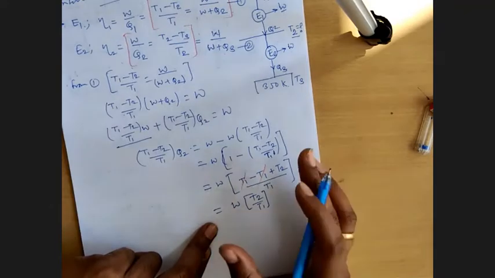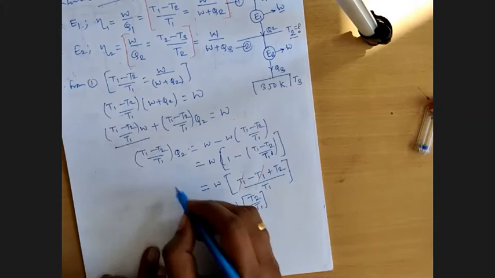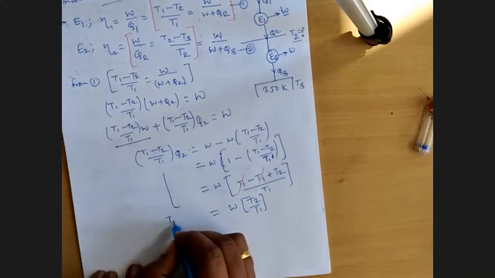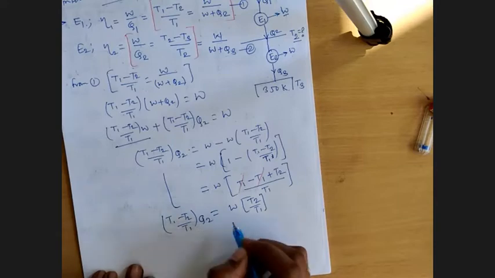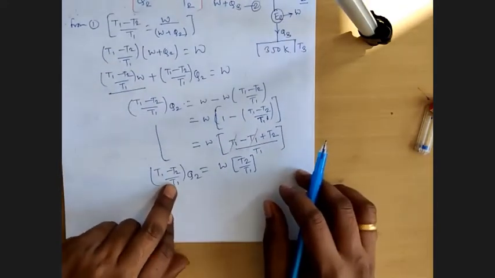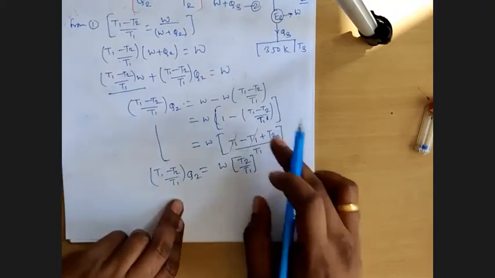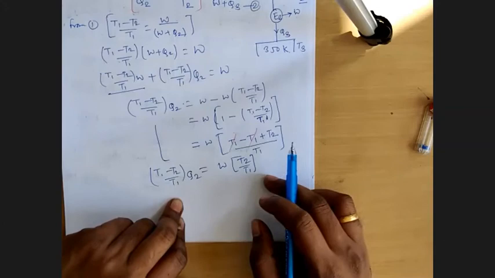Is that fine, or anybody has got any doubt till this point? T1 minus T2 by T1 into Q2. Left side is going to remain as it is. I haven't changed anything in that left hand side. I have just played a little bit with the right hand side. Okay.